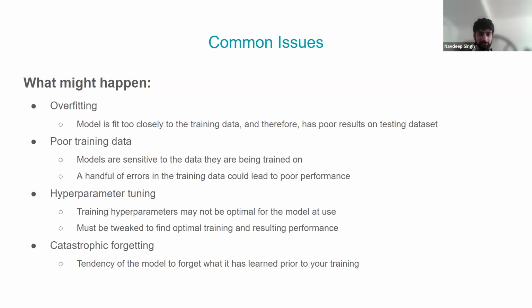For training data, we've talked a lot about numbers here, right? So it makes sense that the models are going to be sensitive to the data that you train it on. If your training data is not good, you can pretty much guarantee that the performance afterwards is not going to be good. You want to make sure you have enough examples and your examples are relevant for the real world scenarios you're working in, right? So let's talk about research articles, for instance. If your training articles are things like this chemical comes from this and helps cure this disease, it's pretty easy to understand what this chemical is doing.